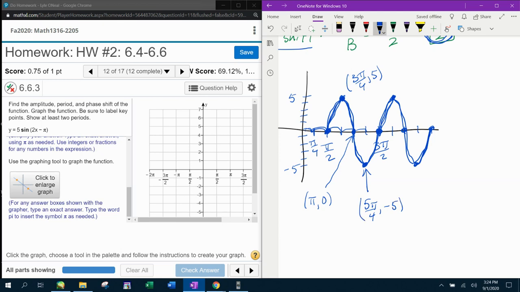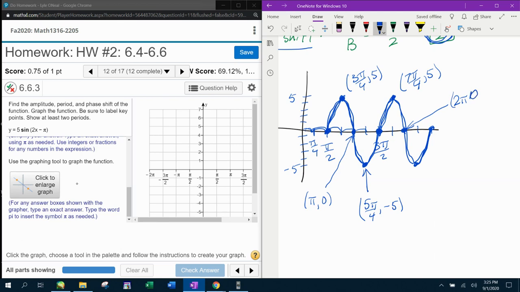And then at 3 pi over 2, we're at 0 again, okay? So what is 3 pi over 2 in fourths? 6/4. So this ordered pair here would be 7/4, up at 5, and then again here we are at 8/4. What is 8/4? 2 pi?